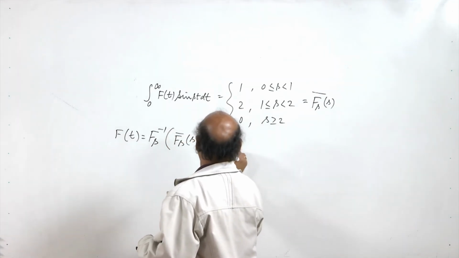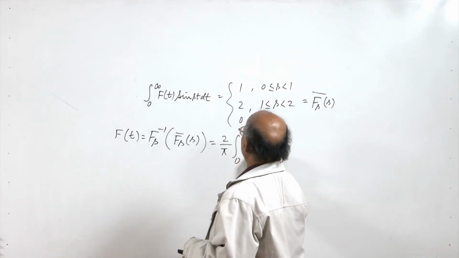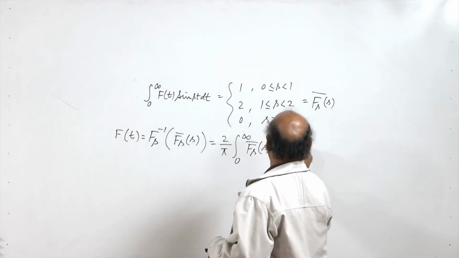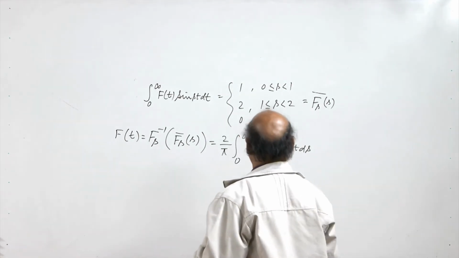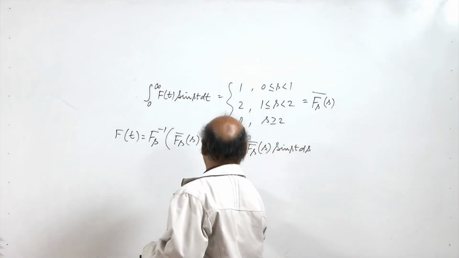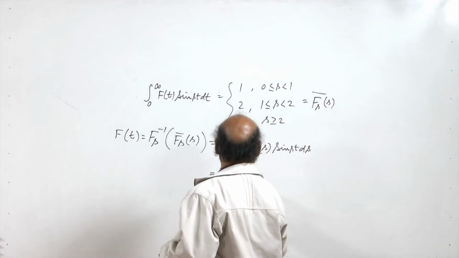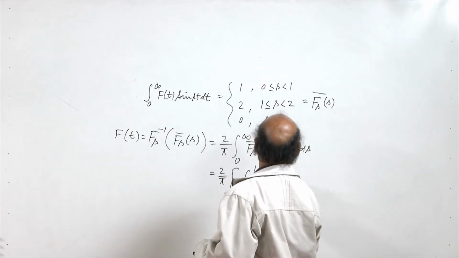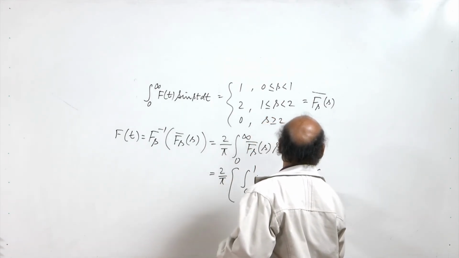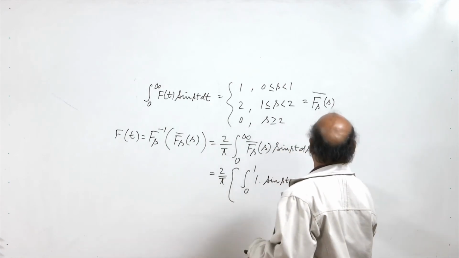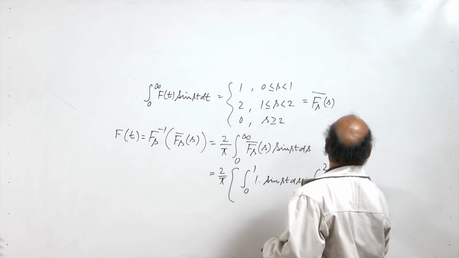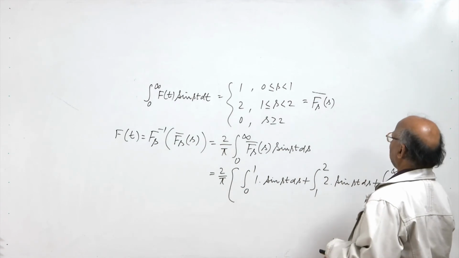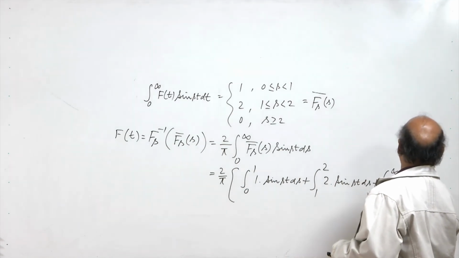which is equal to 2 over π times the integral from 0 to infinity of F̄_s(s) sin(st) ds. So this is 2 over π times the integral from 0 to 1, where F̄_s(s) is 1, of sin(st) ds, plus the integral from 1 to 2 of 2 sin(st) ds, and over the integral from 2 to infinity F̄_s(s) is 0, so 0 times sin(st) ds.